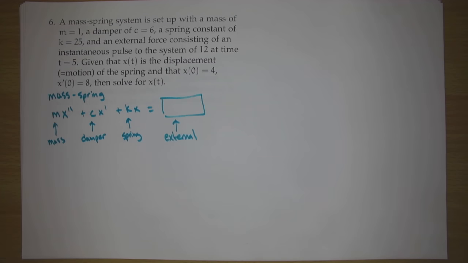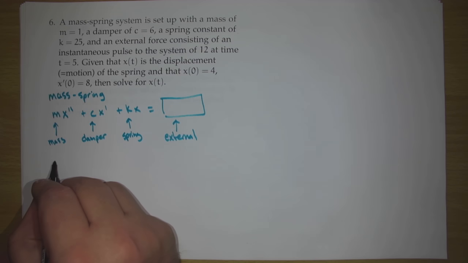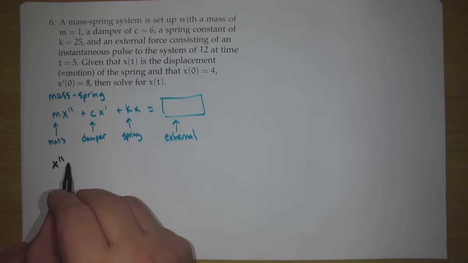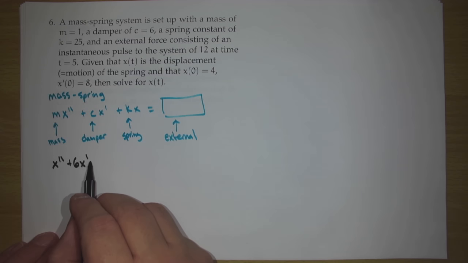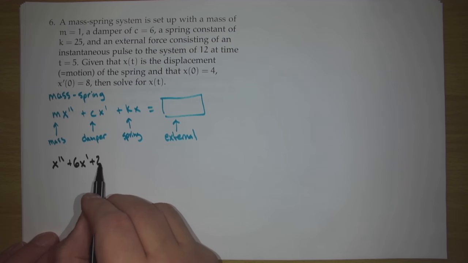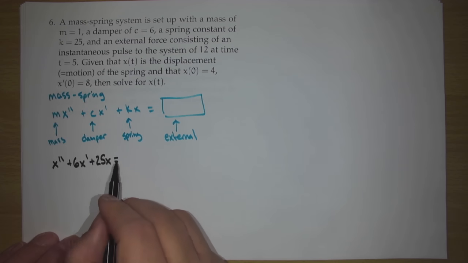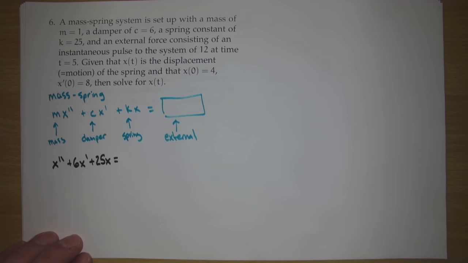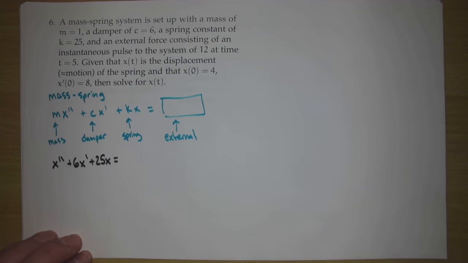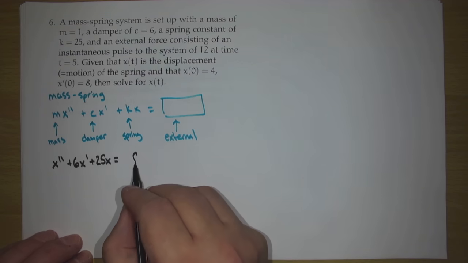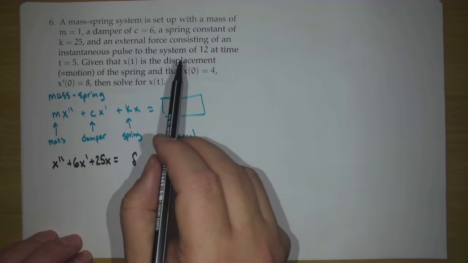So in our case, we are given the following. Mass is 1, x double prime, damper is 6, 6x prime, spring constant is 25, so 25x. Our external force. Well, there is an external force, and it consists of an instantaneous pulse. So we see instantaneous pulse, we say delta. And we need to know 2 things.